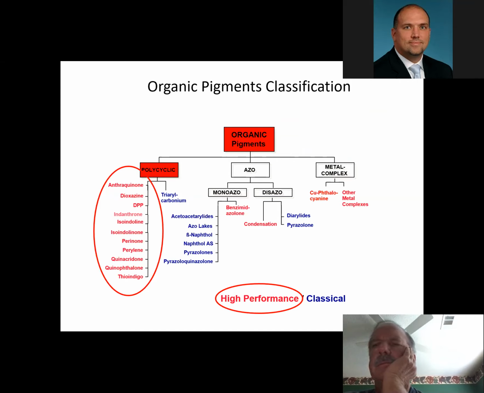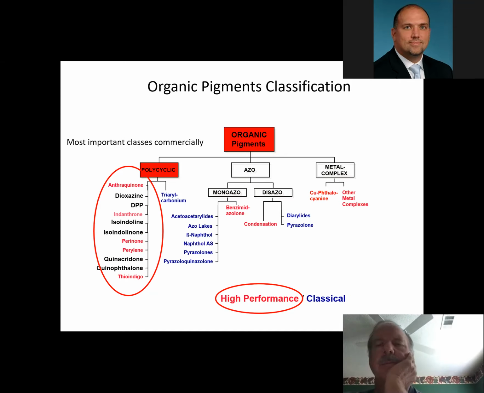As we were talking about the polycyclic, there are many chemistry families within this group of organic pigments. We have talked about in the past in separate webinars the DPP chemistry as well as the quinacridone chemistry.